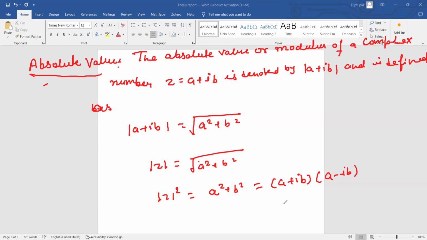This is a square plus b square, we can write it like that. And we know this is z and this is z bar. So it means modulus of z square is equal to z times z bar. Also we know one more thing: the conjugate of z1 z2 is z1 bar z2 bar.